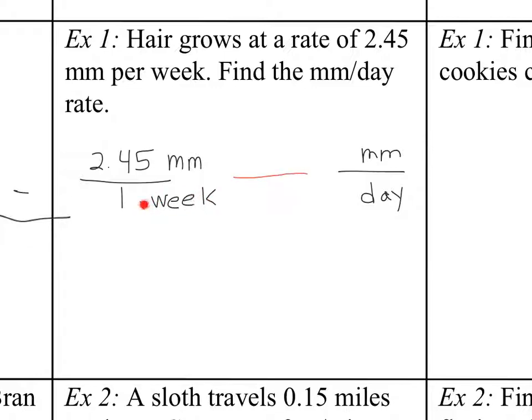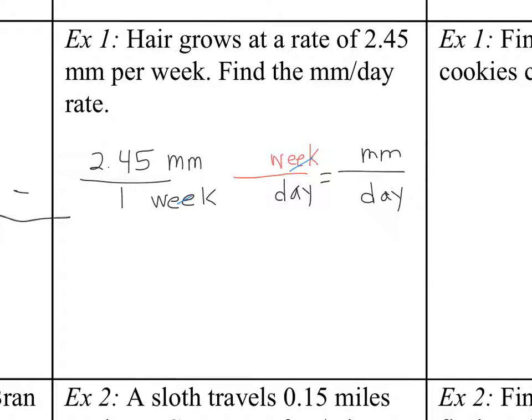In order to cancel out the week, I'm going to put a week in the numerator. So algebraically, these 2 weeks are going to cancel out. And I want to add day right here because I want to have day in my denominator as my answer.